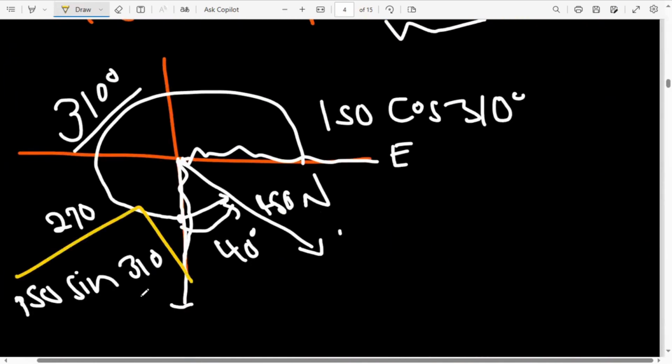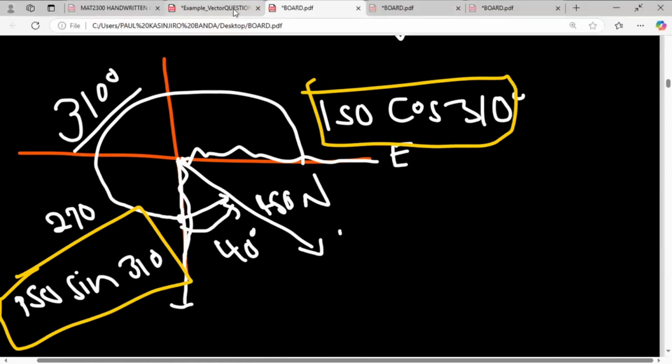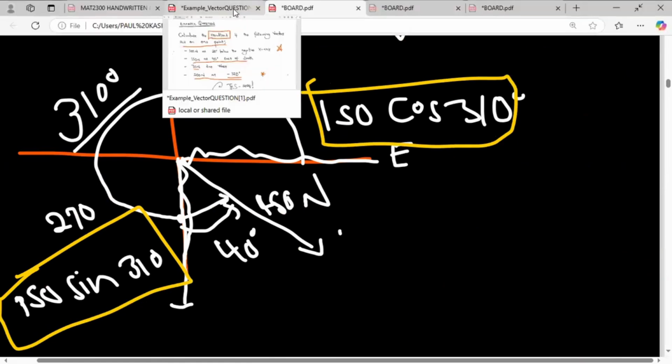Okay, so this is the other one here. Okay, so once we've resolved all these into their components, we can draw up a table now. Okay, so that table consists of the vector with the angle, the x component, and then the y component.